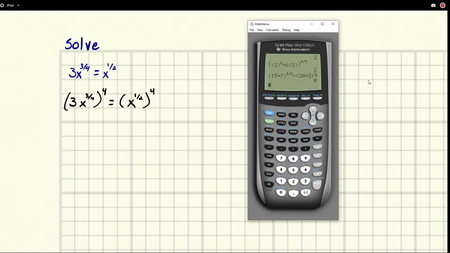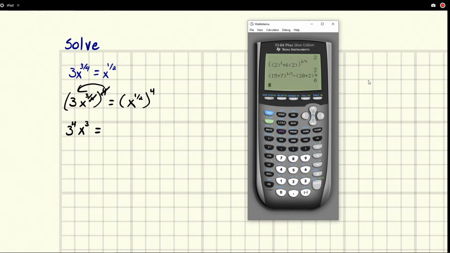We very purposely picked 4 because it works for both 4 and 2. So we get 3 to the 4th, and then the 4 goes to the 3, but this 4 will also simplify to 1, and we'll be left with 3/1, which is just x cubed.